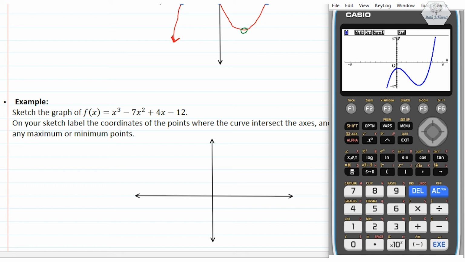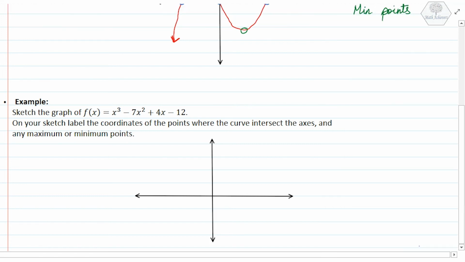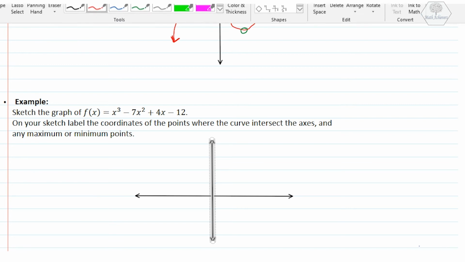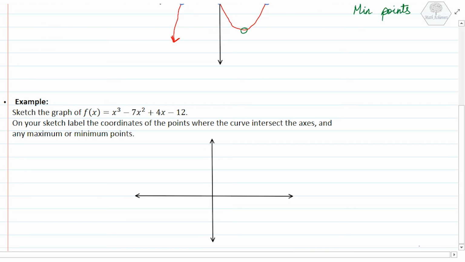I can sketch it now. It has this shape. So this is the shape of my graph.